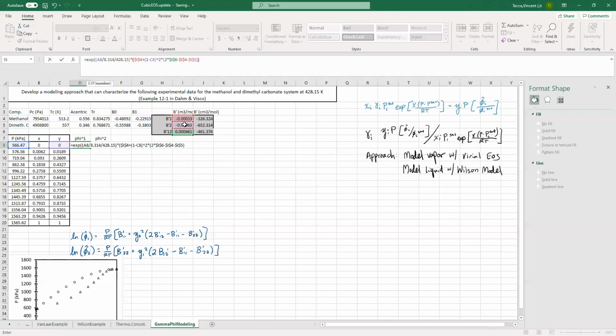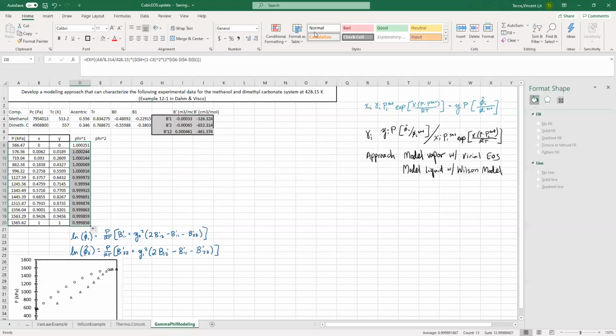Close out purple, close out red, close out black. Okay, so I've got a phi that is 1. And it is somewhat comforting anytime I've got phi's that are close to 1. Doesn't seem like I made a mistake.